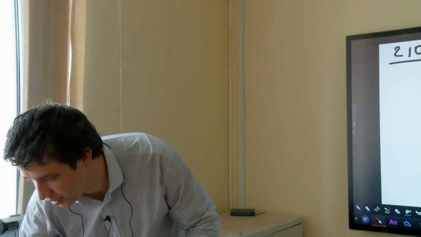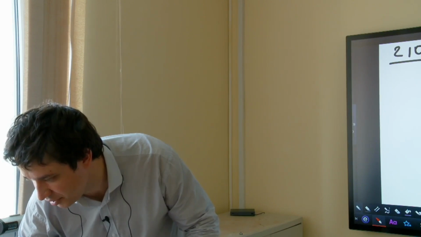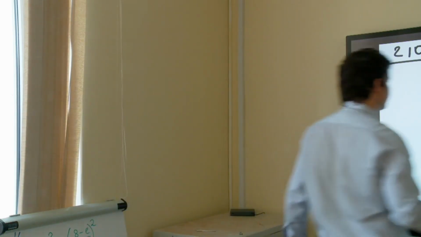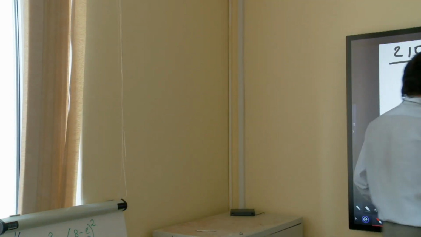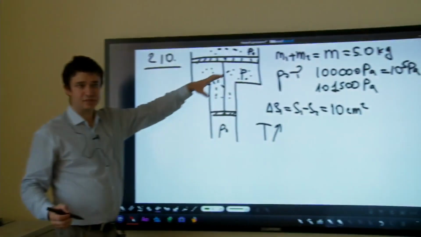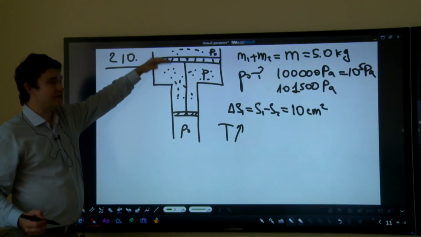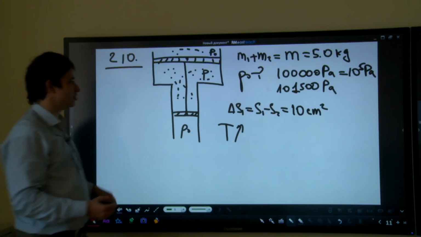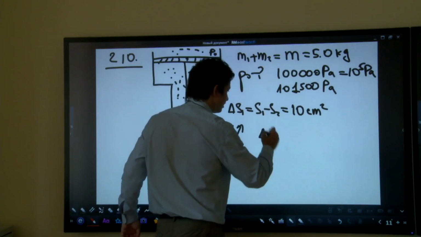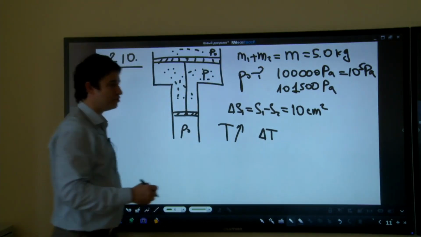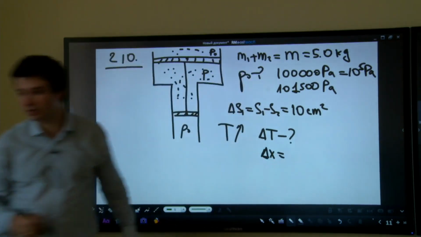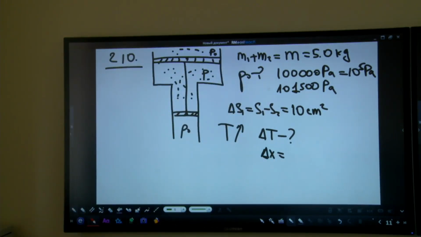We increase the temperature of the gas. And these pistons are displaced while I increase the temperature of the gas. And the question is, by which extent I should increase the temperature of the gas in order to shift the pistons through 5 centimeters.